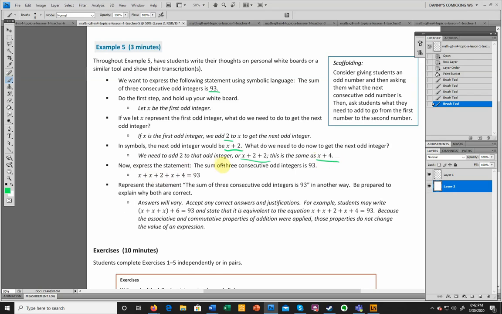Now, express the statement, the sum of 3 consecutive odd integers is 93. x plus x plus 2 plus x plus 4 equals 93. Represent the statement in another way.